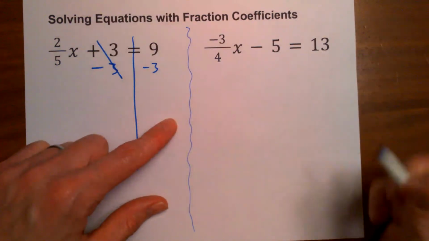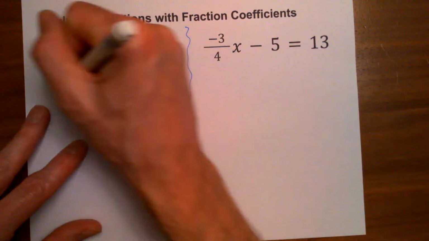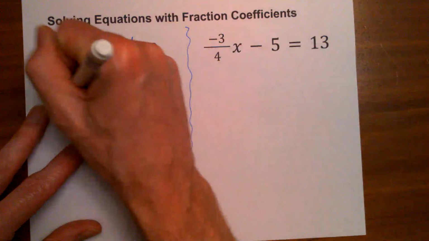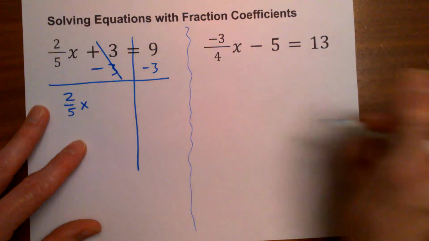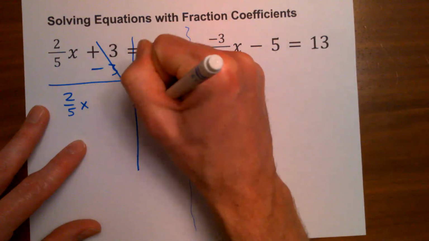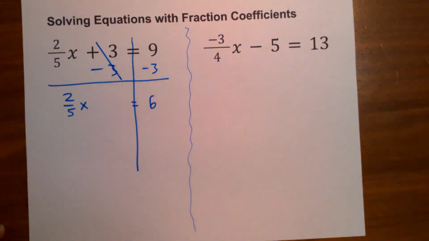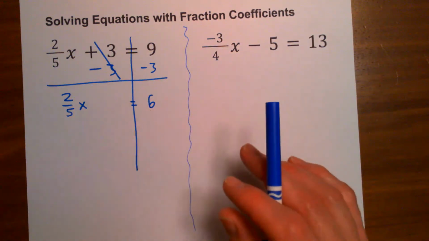So if I get rid of those 3 from the left side, I have to decrease my total on the right side, and I'm left with 2/5 times x is equal to 9 minus 3. Decrease that total by 3, that's equal to 6. So here we go. 2/5 times x equals 6.